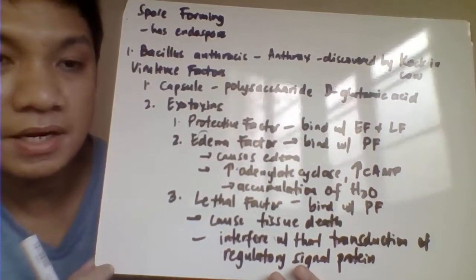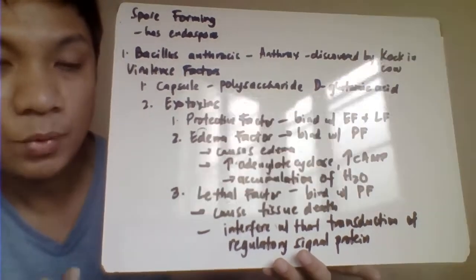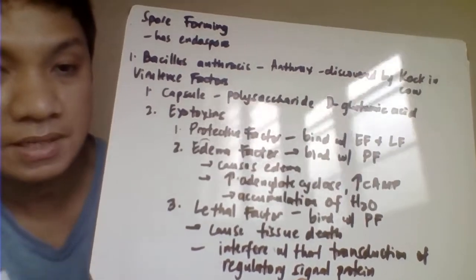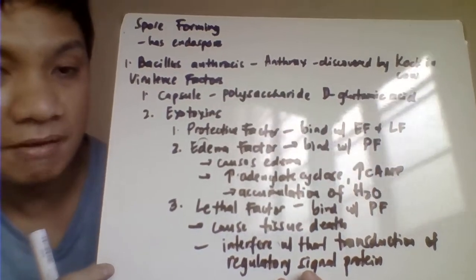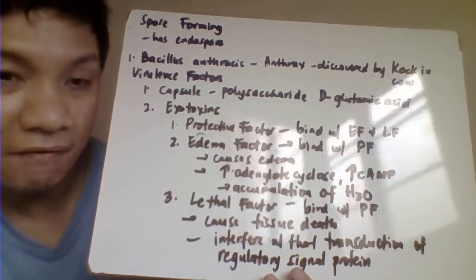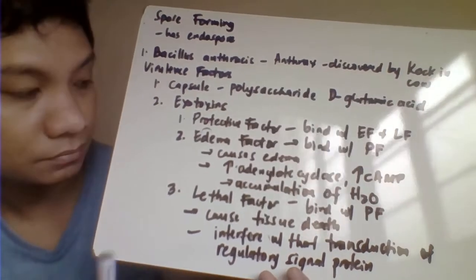This also produces toxins, which usually combine with one another in order to become toxic. Individually, they are not toxic. The first one is the protective factor. The protective factor binds with the edema factor and even the lethal factor in order for that to become toxic.